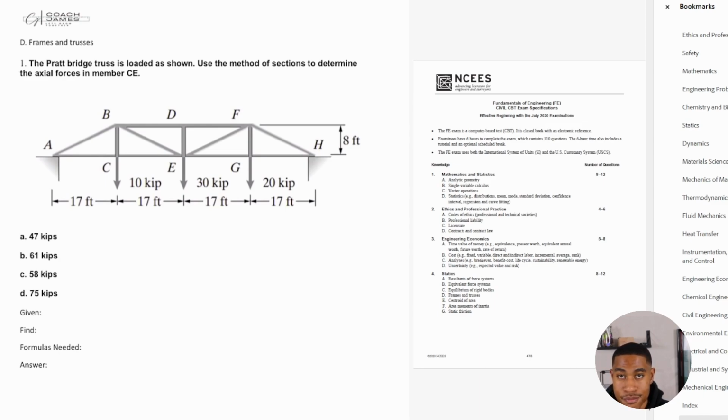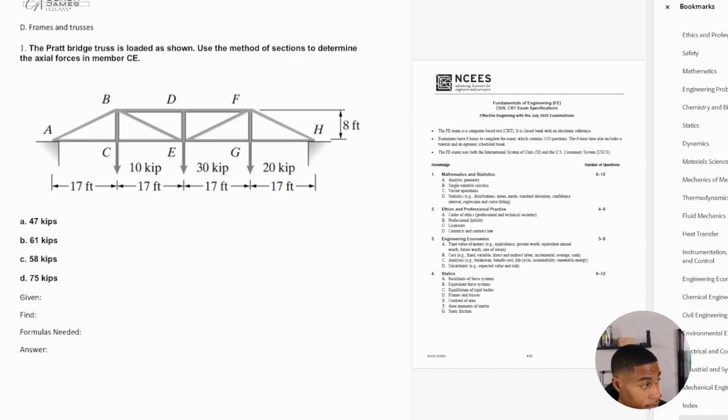Always like doing something with bridges, designing bridges, some sort of frame or truss. And so now we actually get to do that piece of thing. So let's go ahead and look at a few practice problems and let's get into it.